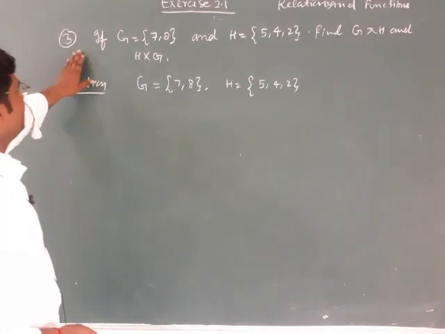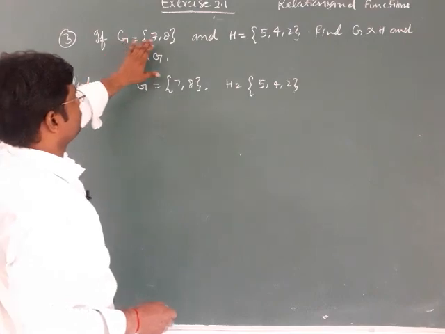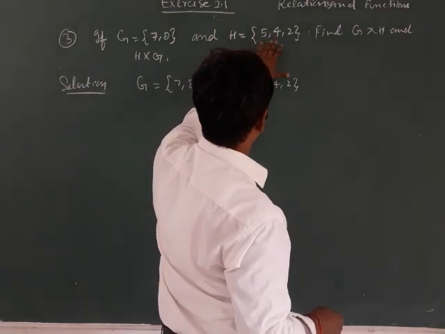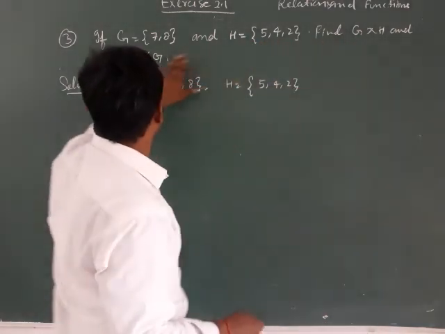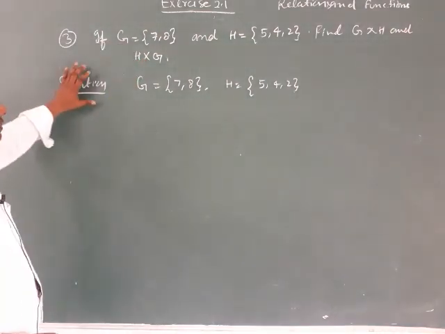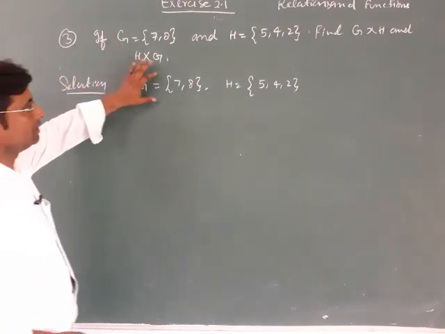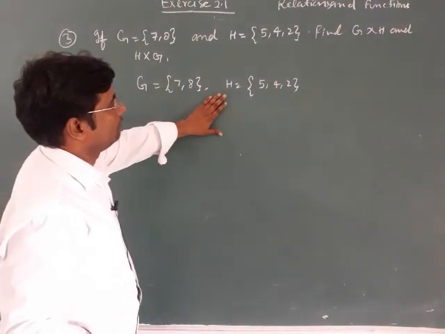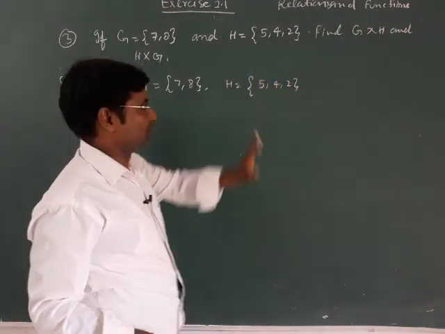Question number 3. If set G is equal to {7, 8} and H is equal to {5, 4, 2}, find G cross H and H cross G. Solution: given sets G has elements 7, 8 and H has elements 5, 4, 2.